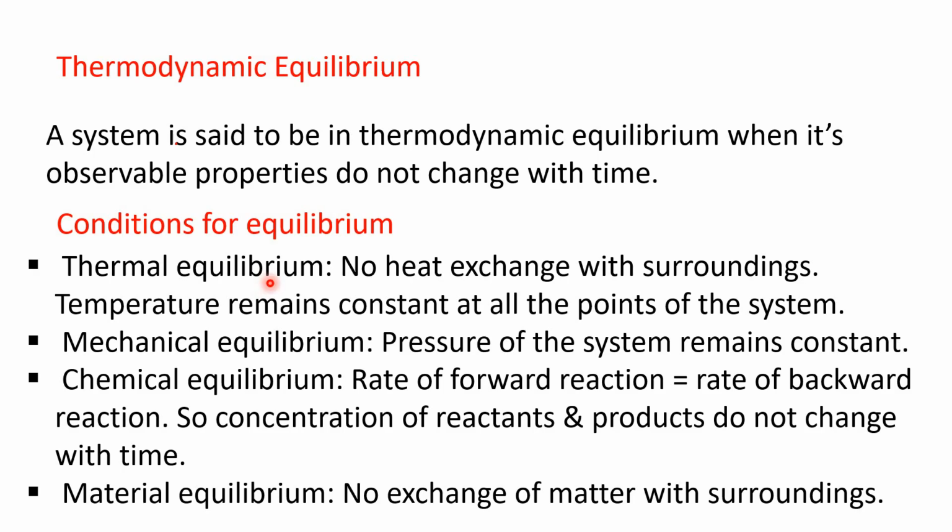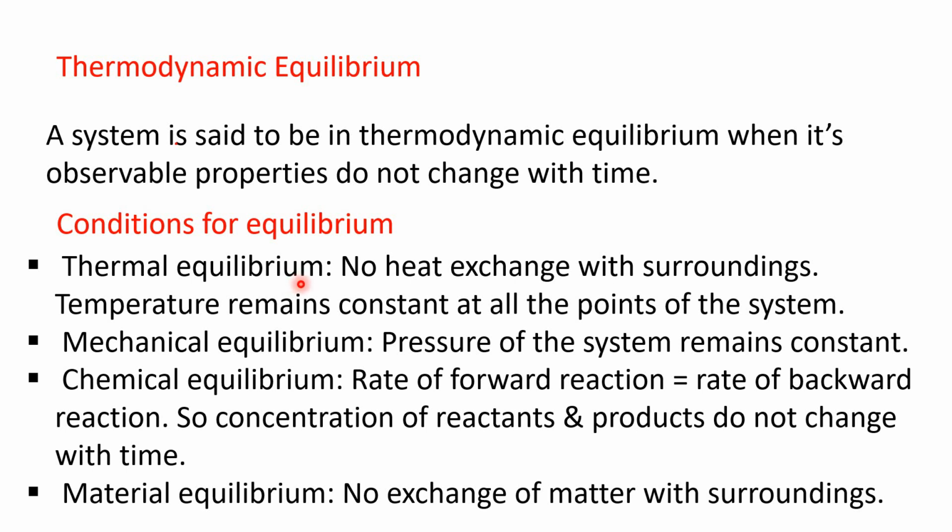Then mechanical equilibrium, which means pressure remains constant. Then chemical equilibrium, considering a chemical reaction. When equilibrium is reached, the rate of the forward reaction equals the rate of the backward reaction.